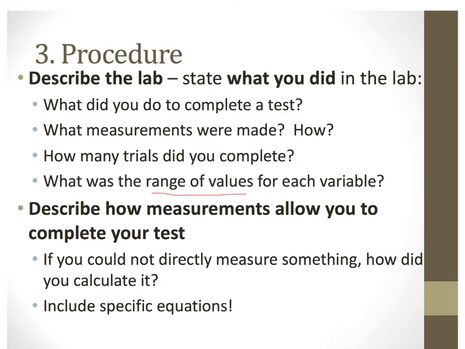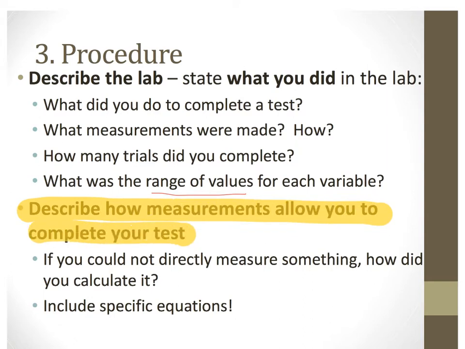Once you describe what you did, up next you want to describe how those measurements allowed you to complete a test. Now, this one actually isn't as relevant in the pullback car lab, but there will be some labs where we're not going to directly measure the thing that we really care about. For example, we might measure the velocity of an object and use that to calculate its acceleration.